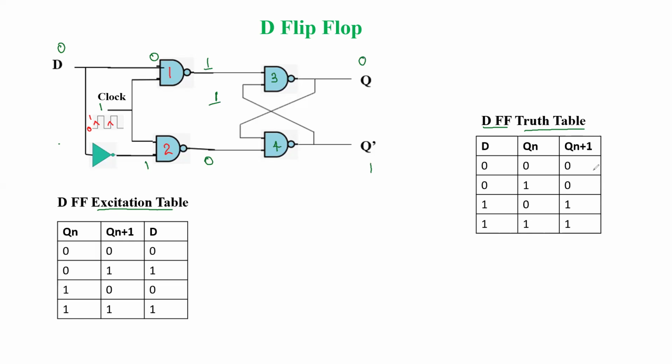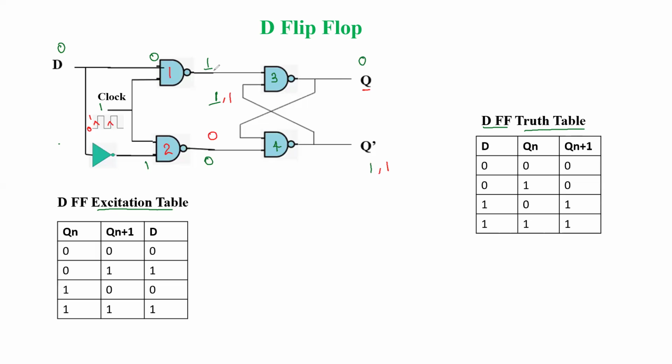When we check the next state condition, what will be the next state if the input remains the same at 0? We can verify again. Now this Q, which was 0, becomes one of the inputs to NAND gate 4. Both inputs are 0, so the output becomes 1. Now this Q dash becomes another input to NAND gate 3.